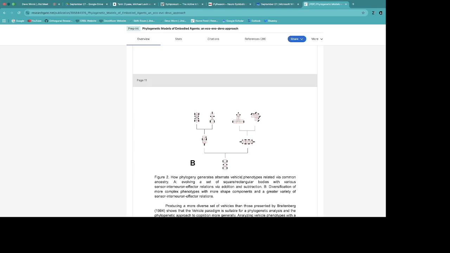We can see that you can have these phylogenies where you have a common ancestor and variations or elaborations on these different phenotypes. So this is of use in thinking about what kinds of vehicles you can get from a common ancestor, meaning a certain assemblage of parts, and then what the alternative forms are that we might expect.